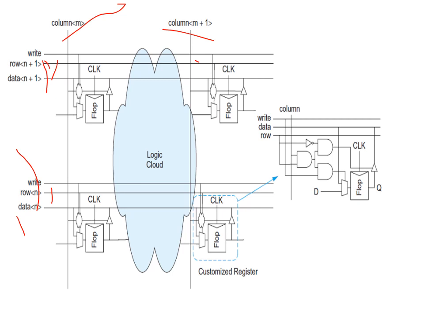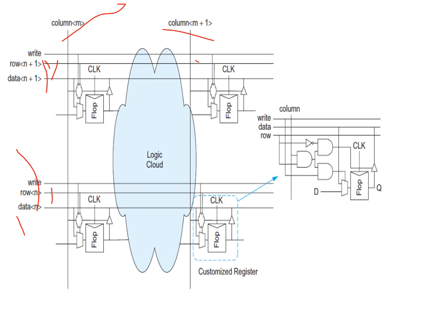In the figure you can see rows n and n plus 1, as well as columns m and m plus 1 lines. Along with that you find a data line, so in this figure you have data n and data n plus 1 lines.